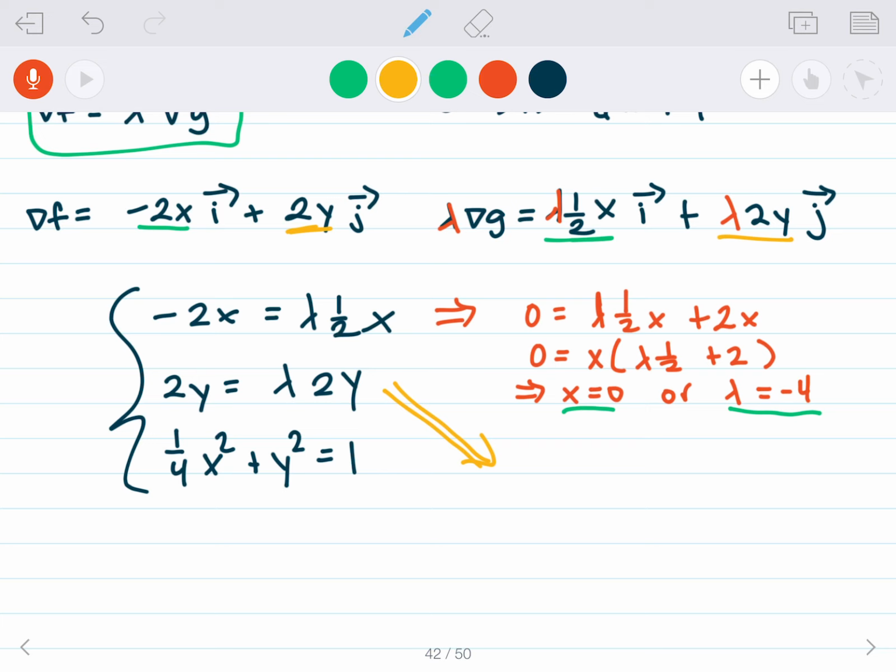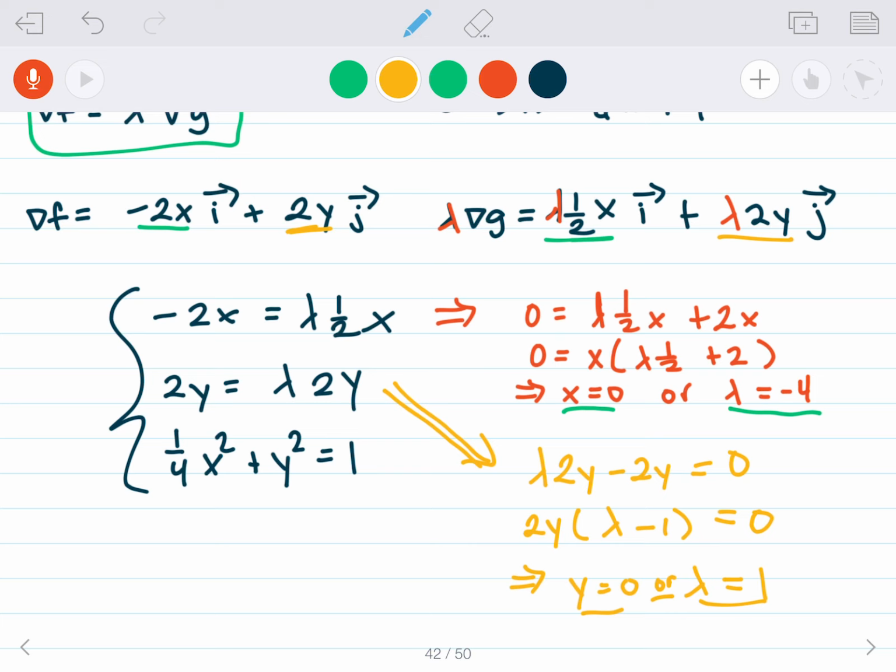I'm going to subtract 2y from both sides to give me lambda 2y minus 2y is equal to 0. Then I'll factor out a 2y, leaving me with lambda minus 1 on the inside equals 0. Setting these equal to 0, I get y equals 0 and lambda equals 1. Okay, so those are the cases that I'm going to consider here.